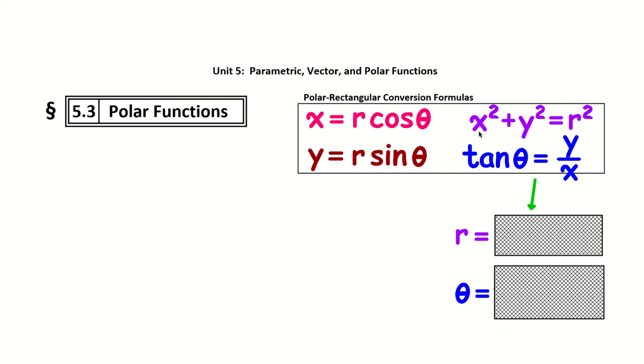You can use these trigonometry things to convert between x and y and r and theta. If you had r and theta, you could figure out what x is, and you could figure out what y is. And if you had x and y and wanted to figure out r, you would use this. And if you had x and y and wanted to figure out theta, you'd use this right here in blue.